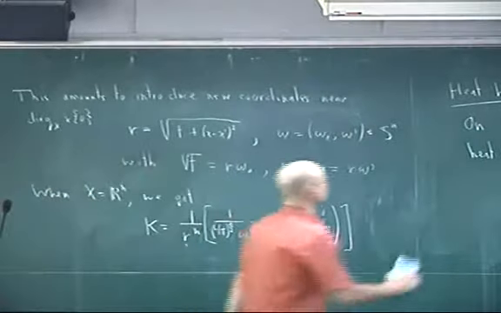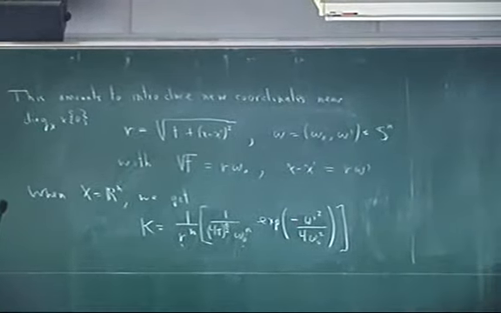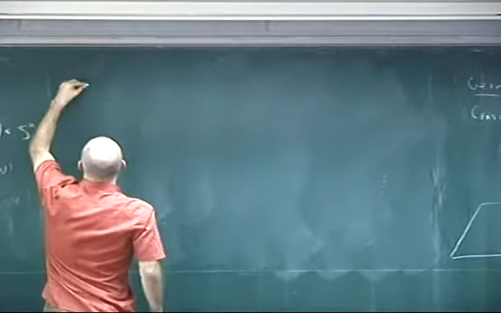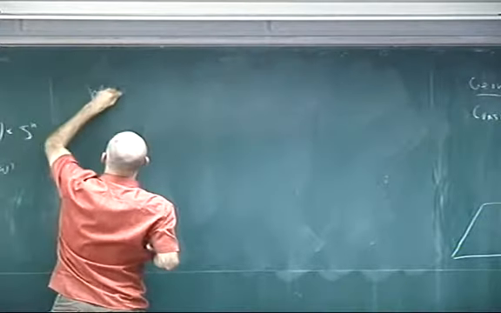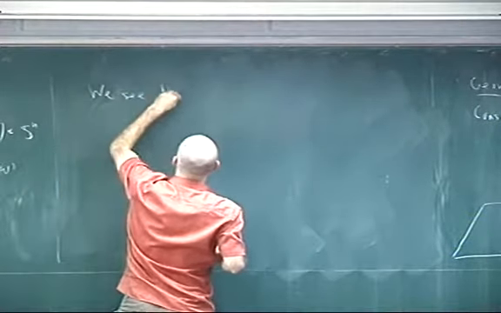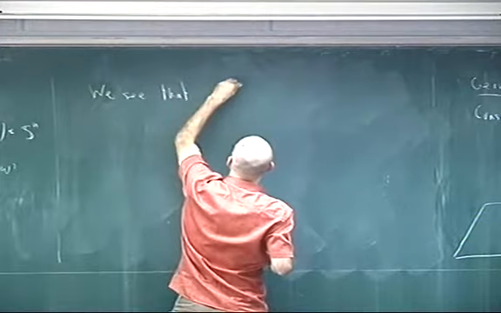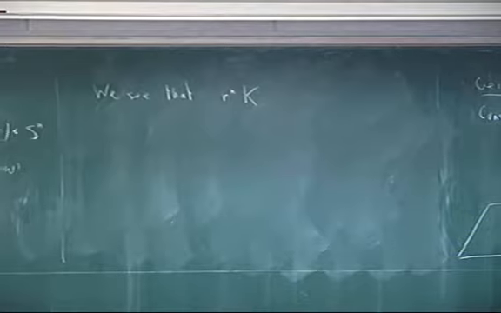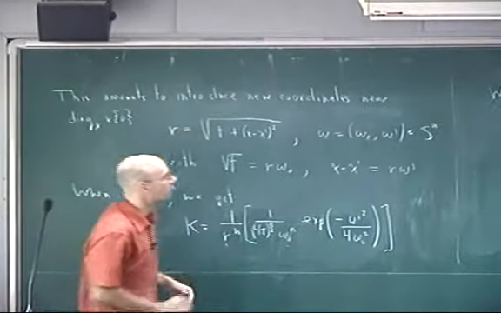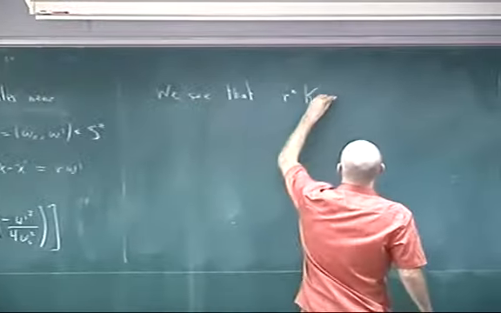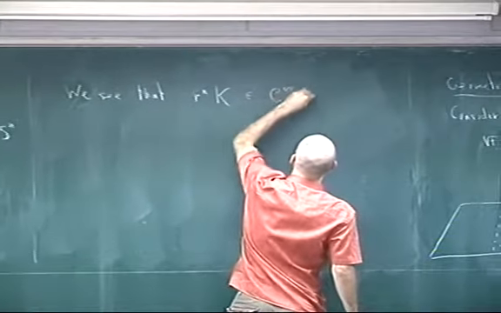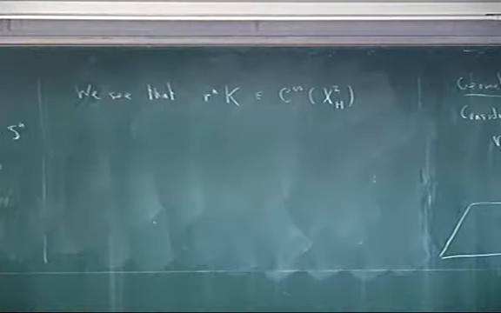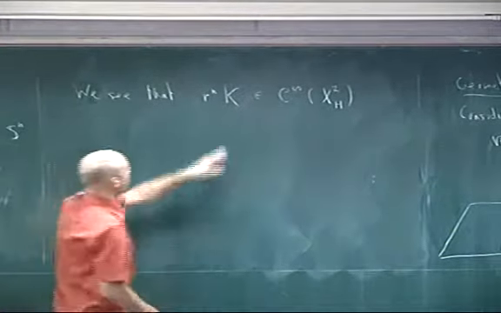And so in fact, we can describe it as saying that if I multiply the heat kernel, in this case by r to the power n, to remove this singular part, then that becomes a smooth function on that space.